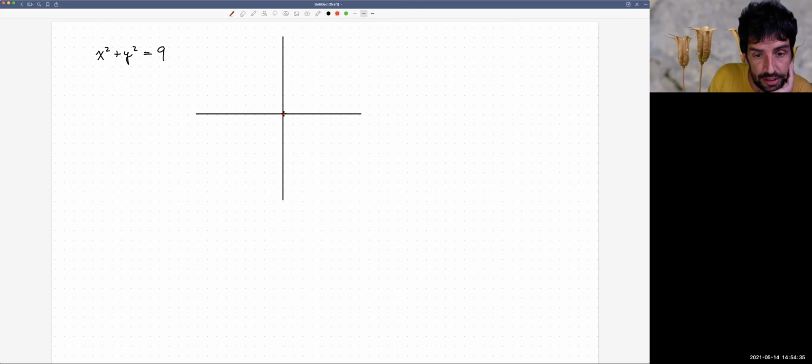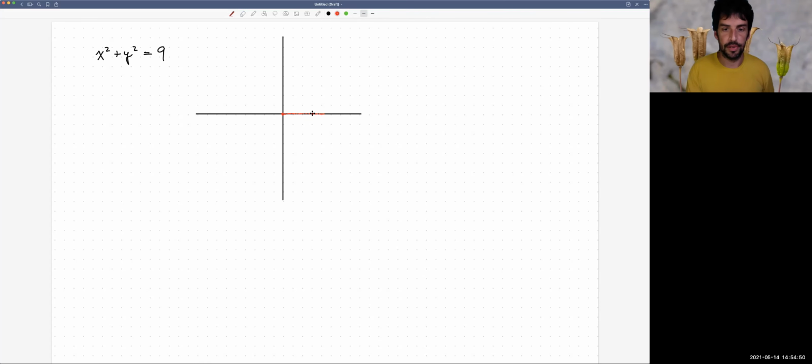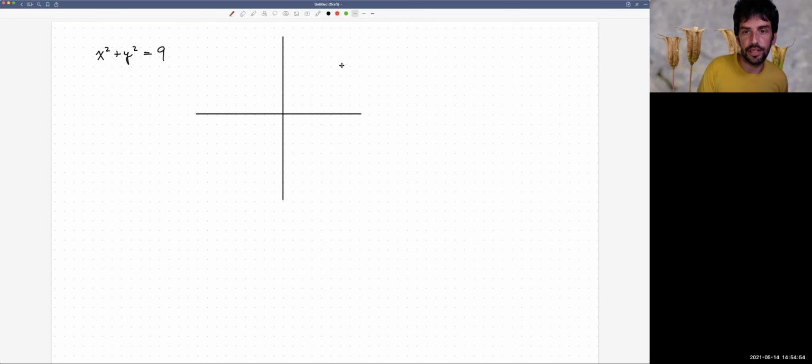Instead of plugging in points, let's do this one a little bit differently. If I take an x coordinate, if I take some point, I'll just put it right here. Its x coordinate is this distance. All right, let me begin this again. I don't want these little dashes because I might want to erase this eventually. Make it easier.